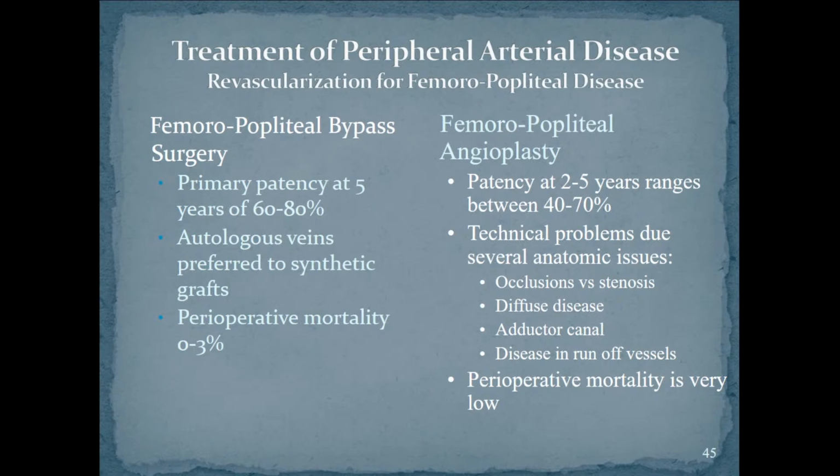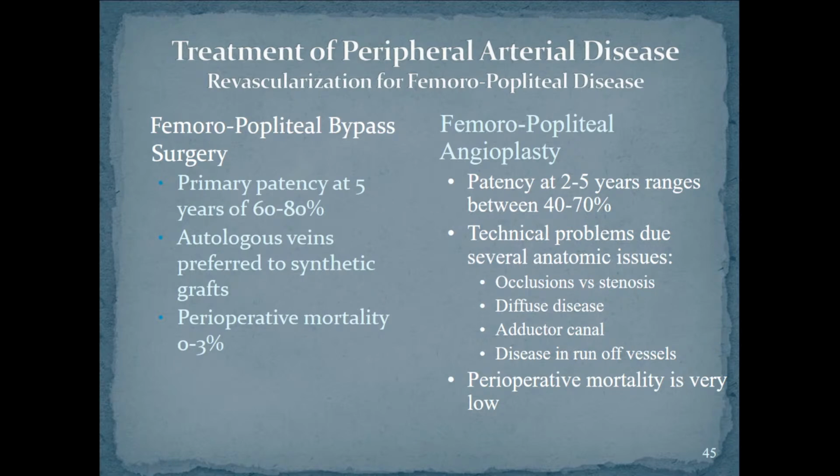So, revascularization for femoropopliteal disease. In femoropopliteal bypass surgery, the primary patency at 5 years is about 60 to 80%. So most of the grafts are patent. Autologous vein is preferred to synthetic grafts.